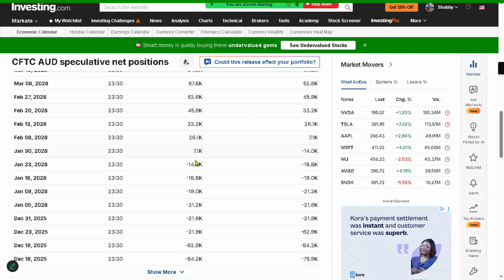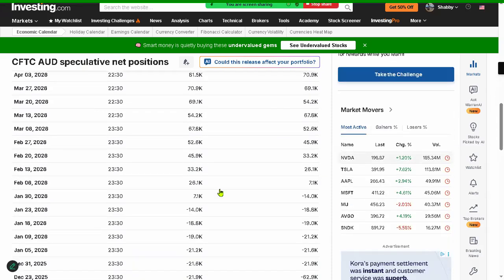It started getting more bullish because institutions were putting in long positions from 7.1K all the way, guys, look at this, all the way to 81K, from January all the way to April.